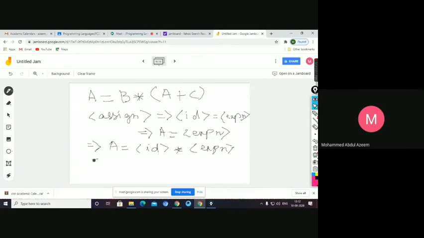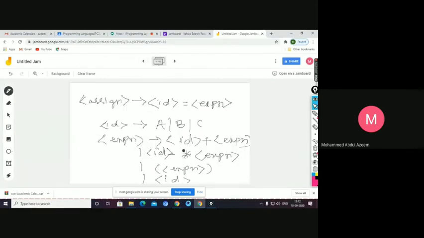In the next statement, A equal to, in place of ID, I'm taking B. The ID can be A or B or C. Into, now in place of this expression, which definition should I take in order to get the addition operation enclosed in parenthesis?